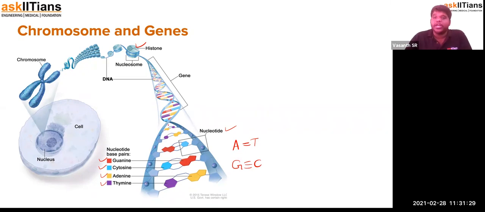So it is very fragile in nature. To make it safe, the genetic material will be wound around the protein structure called histones, and that forms a nucleosome when the DNA is completely wound around the histone proteins. Okay, so this is actually the structure of chromosomes and genes.